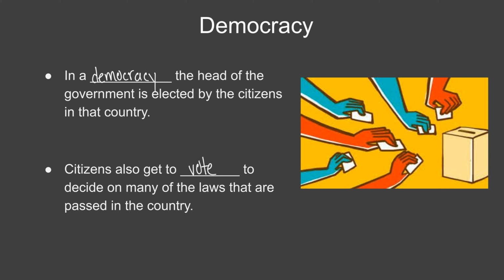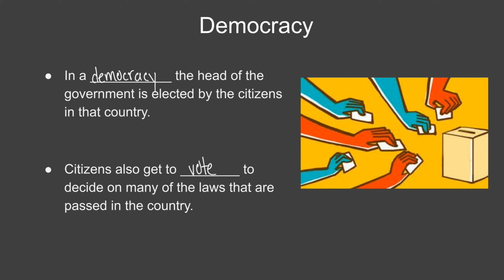So again, in a democracy, the head of the government is elected by the citizens, and the citizens also get to vote. Another important feature is that in this type of government, the head of the government always needs to be reelected after a certain amount of time, a certain number of years. And then even more important than that is often they have a number of term limits.